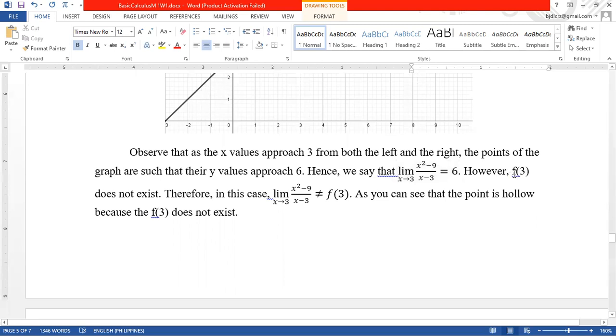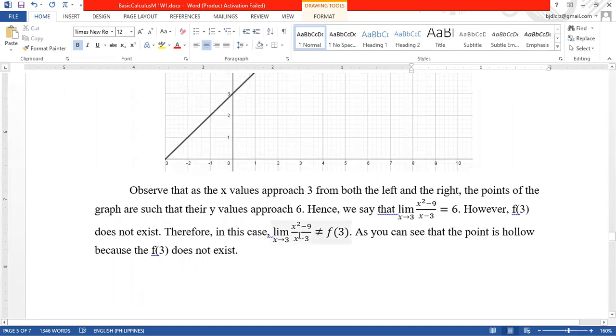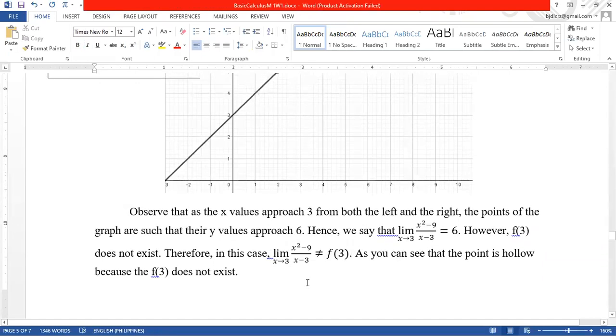However, f of 3 does not exist. Therefore, in this case, the limit as x approaches 3 is not equal to f of 3. As you can see, the point is hollow because f of 3 does not exist.